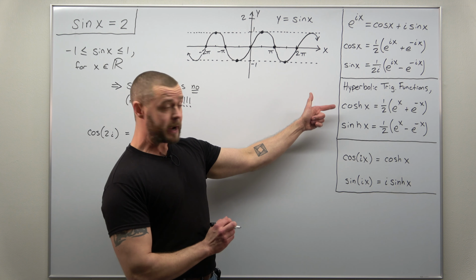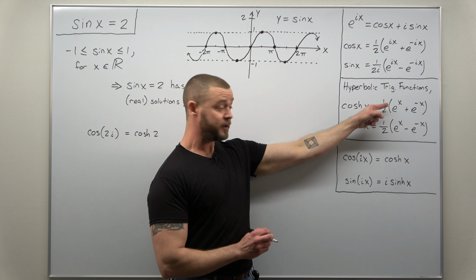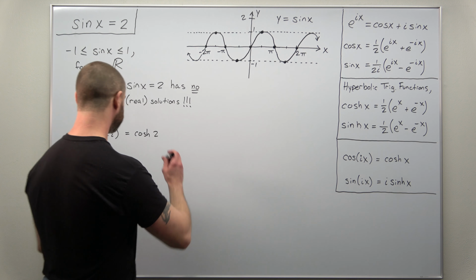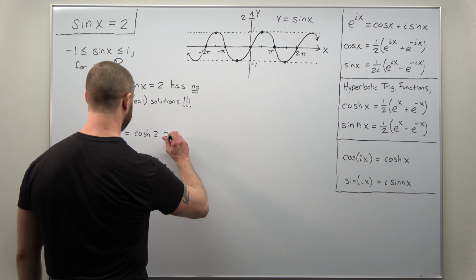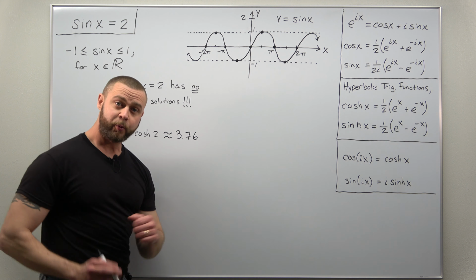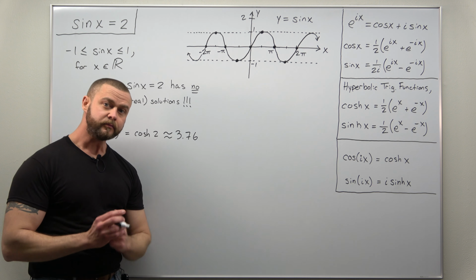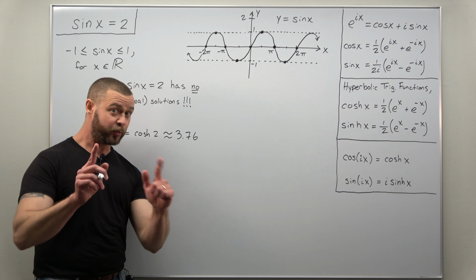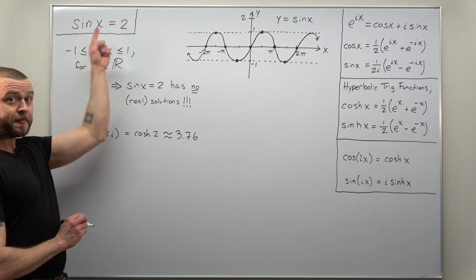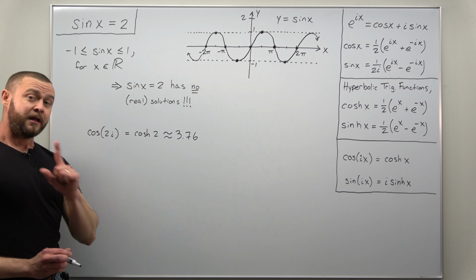If you're not familiar with hyperbolic trig functions, you can define them in terms of regular exponentials. What you should find is this comes out to about 3.76.